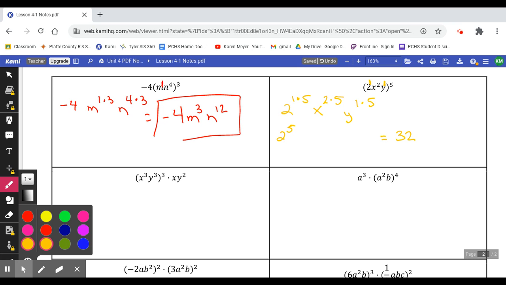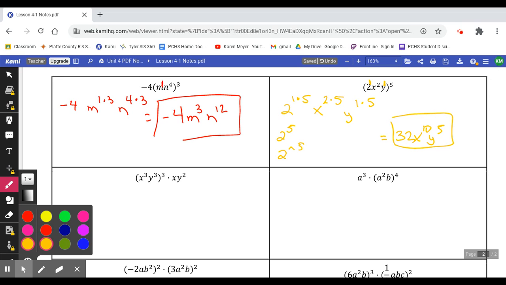Now, if you're not sure how to type that in on your calculator, you should have a little button that kind of looks like a roof of a house. If you hit that button and then type in 5 after it, it should spit out 32 for you. And then for x, you would have 2 times 5, which is 10. And for y, 1 times 5, which is 5.